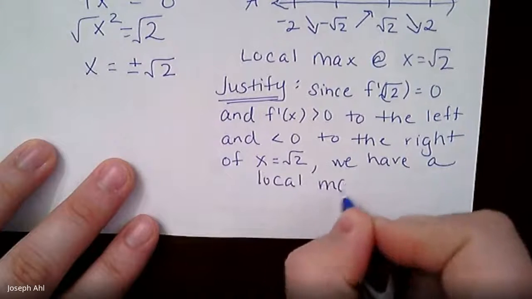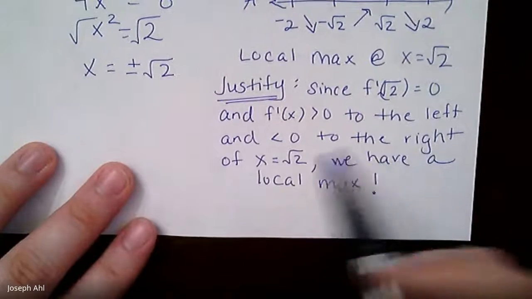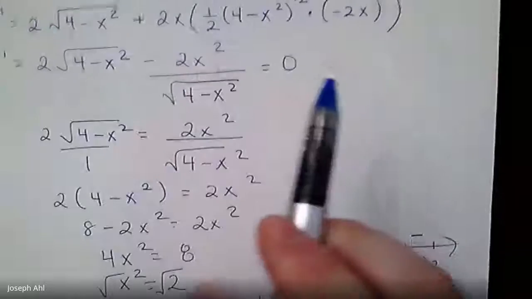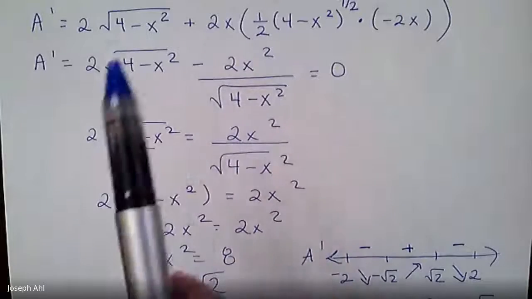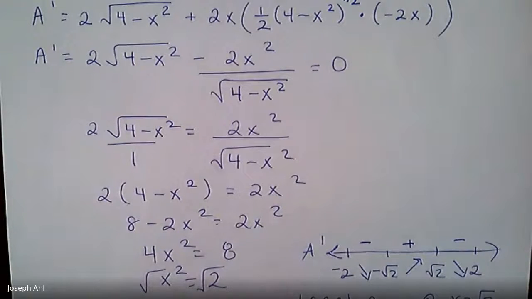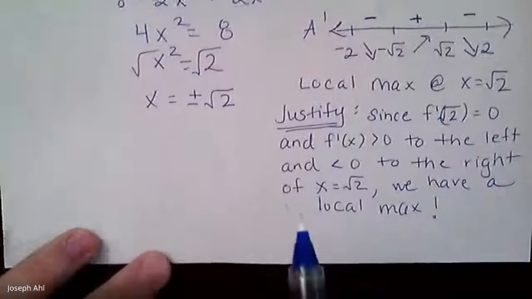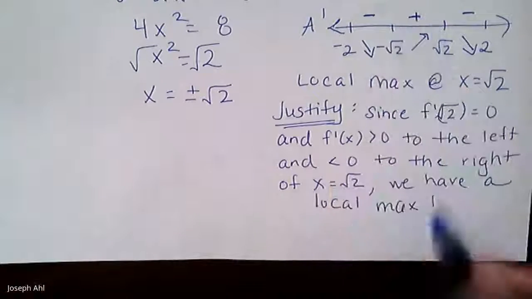Now, this is my justification using the first derivative test. Certainly, we could try the second derivative test. I wouldn't recommend it necessarily because the second derivative wouldn't be maybe the nicest thing to find, given that this is the first derivative. But if you really love taking derivatives, then you could do that and show that at this critical value, the graph is concave down, indicating also a local max. So I've now justified it for you.